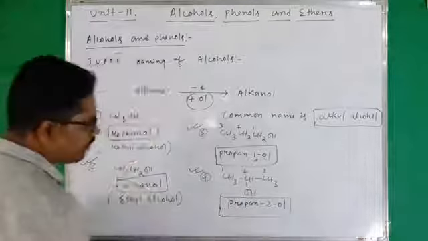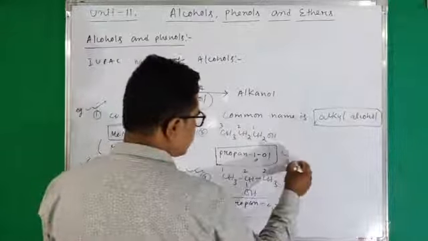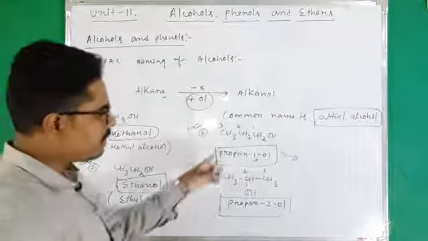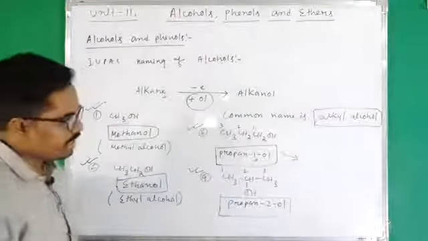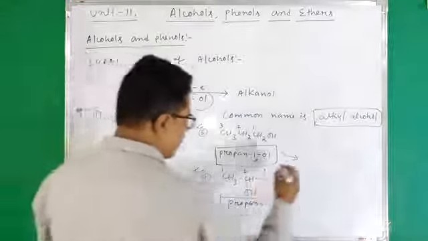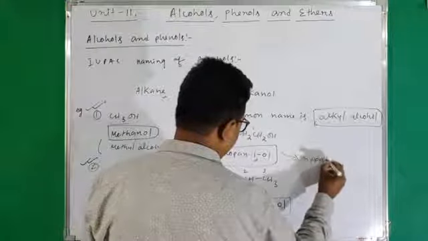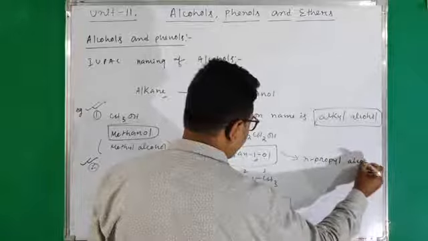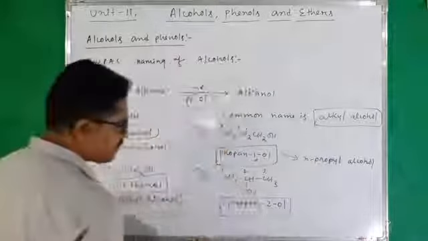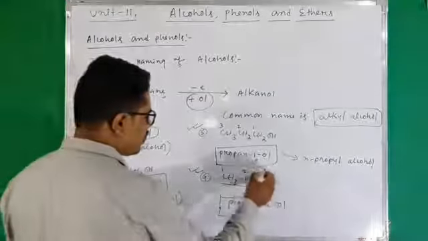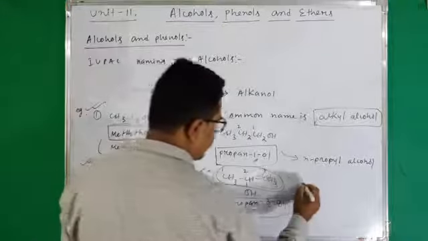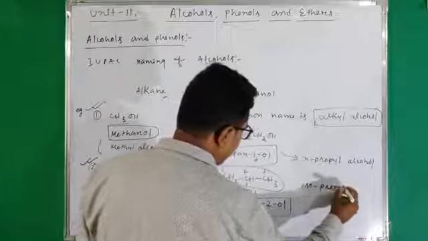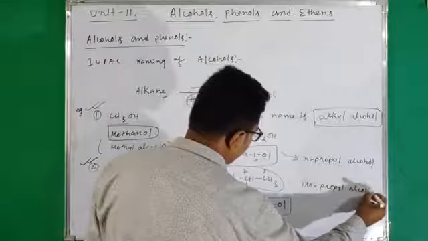And the common name of this compound: if we consider the alkyl group, in this case the alkyl group is normal propyl, n-propyl alcohol, and in the other case the alkyl group is isopropyl, hence the common name is isopropyl alcohol.